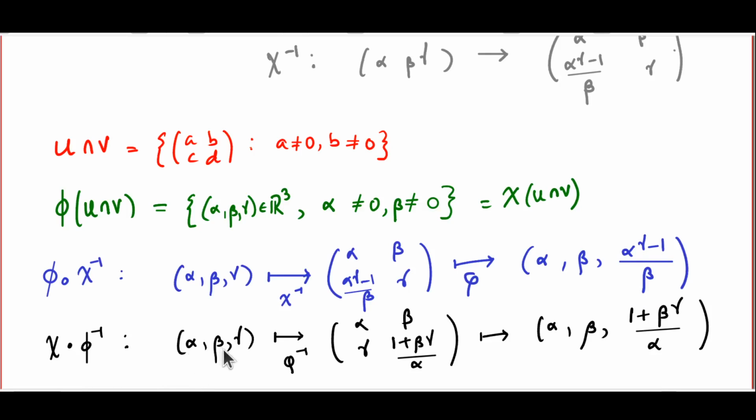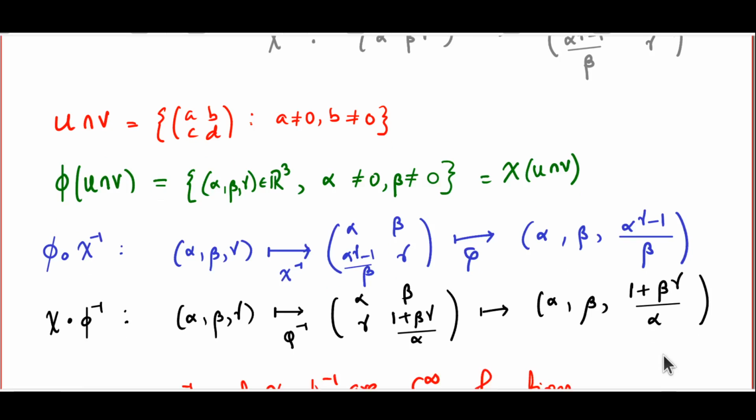Here, alpha, beta, gamma, if you apply phi inverse on that, gives you alpha, beta and gamma for A, B and C respectively of the matrix A, B, C, D. And the D element, the last element left, can be figured out from 1 plus beta gamma by alpha. And now if you apply chi on this, it will give you these three numbers. This one, and this one. So you will get alpha, beta, 1 plus beta gamma by alpha.